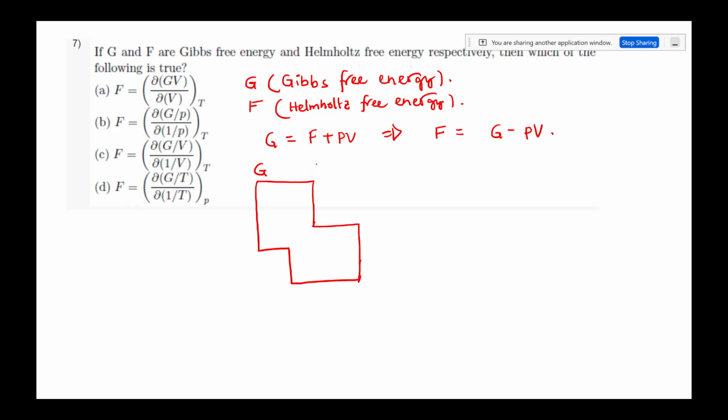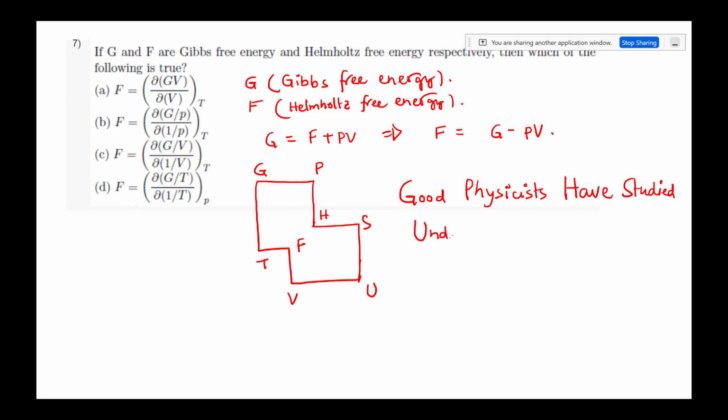So this is... so always remember this like this. So good physicists have studied under very fine teachers.